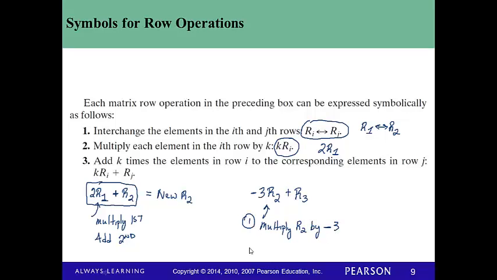And then the second thing would be to add to the third row, which means once you're done doing all of this, whatever this result happens to be, it will become your new third row because you're adding it to the third row. You're making changes to the third row, the very last step.